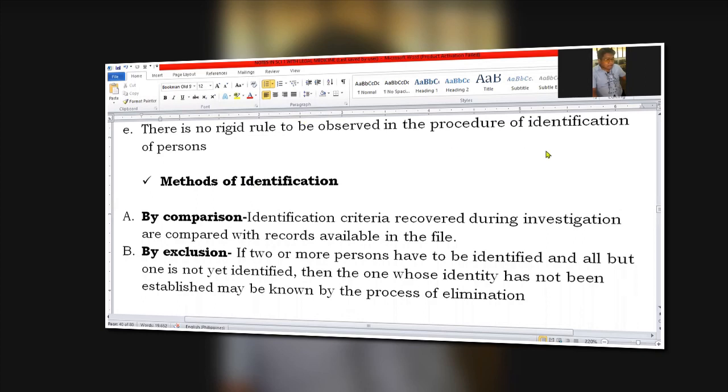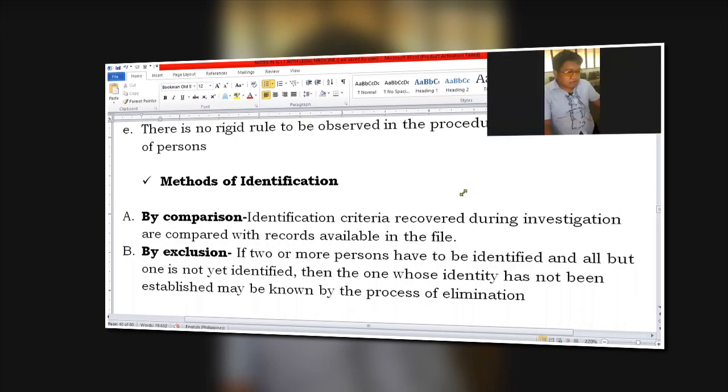Last time we ended our discussion on the methods of identification, and to remind you again, in criminal investigation, identification is a very important tool or purpose that we should accomplish.